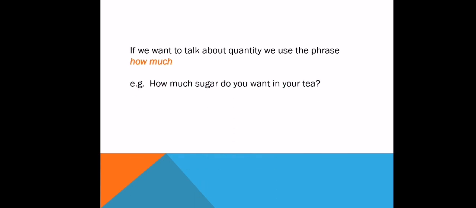Next, if we want to talk about the quantity of these uncountable nouns, we use how much. For example, how much sugar do you want in your tea? Maybe you can say, I want 2 teaspoons of sugar in my tea. So the person who asked the question knows how much sugar they want to give to you.